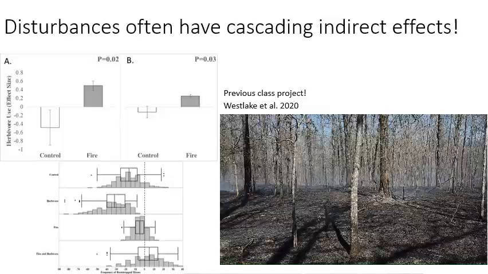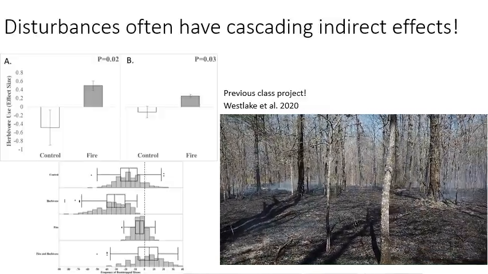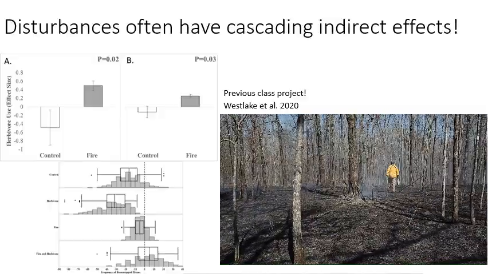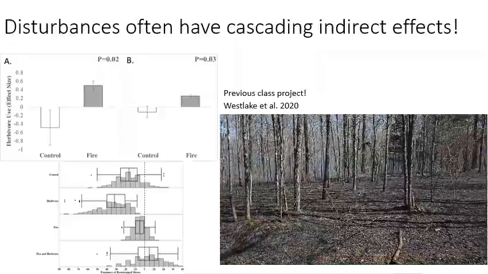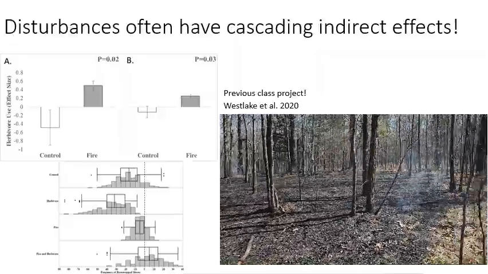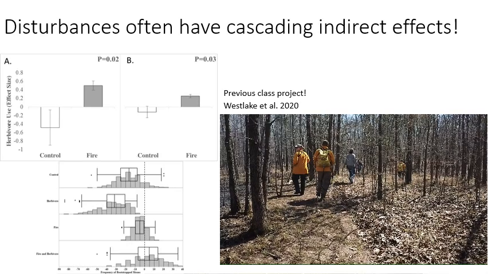Here's a pretty cool experiment that we did in a previous version of this class, and we got it published as a class, showing you how these things are interacting with one another. The data here on the left side is from the paper that we ended up publishing as a class.